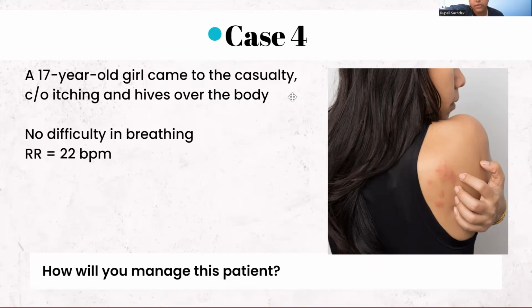Good. So you would like to give a hydrocort and you would like to give an AVIL, right? Someone has mentioned dexamethasone. Actually you would give an AVIL and a hydrocortisone before you give a dexamethasone. Also, if she had difficulty in breathing, as Sayan explained, you would give adrenaline.